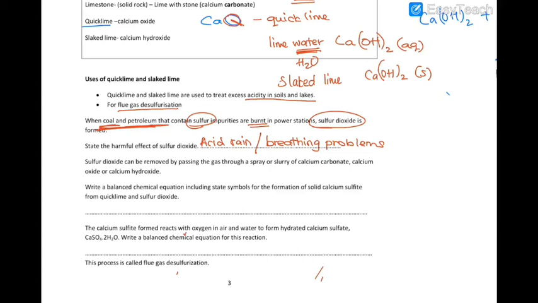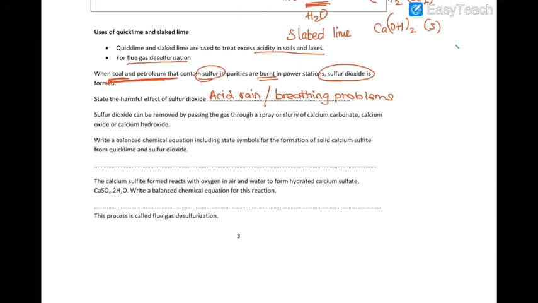It causes acid rain, and it also causes breathing problems. Now you can remove the sulfur dioxide by passing it through calcium carbonate, calcium oxide, or calcium hydroxide.